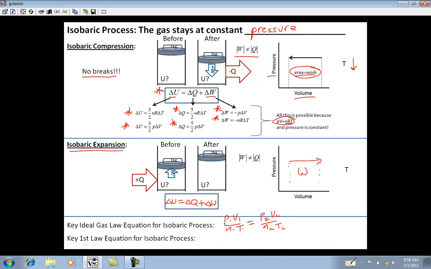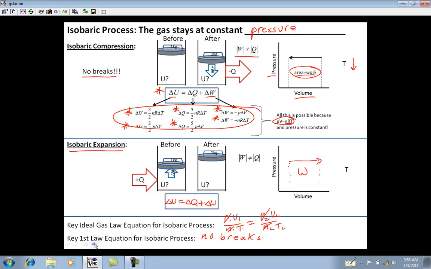I get to cancel out the P's and the N's. That's what that equation would look like. In the first law, do I get any breaks? No breaks. So in the isobaric situation, you have to use the whole first law equation. Make sure you know all of those equations.